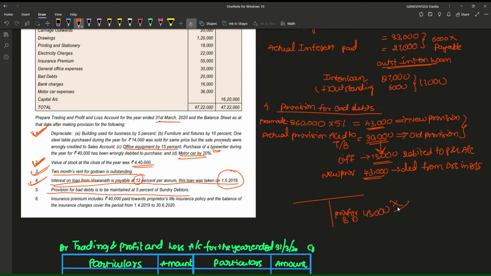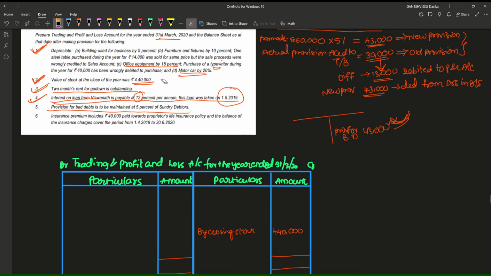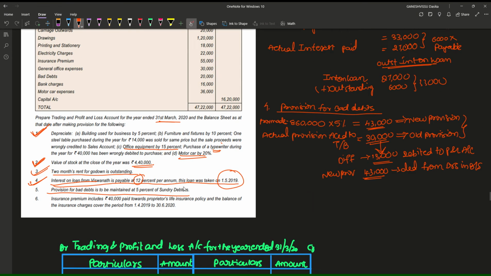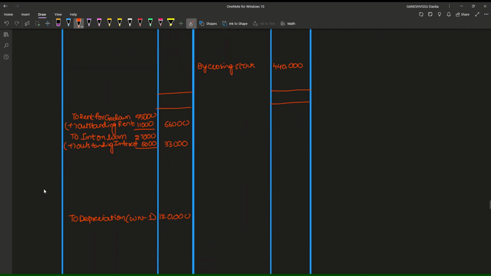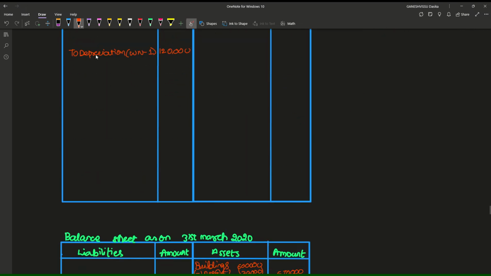In next year, this would be showing in the trial balance, right? This is what we can understand. This is what logical thinking is, right? Let us see. Okay. This is the fourth adjustment. We have completed this one. So provision for bad debts, we can write it here to provision for bad debts.